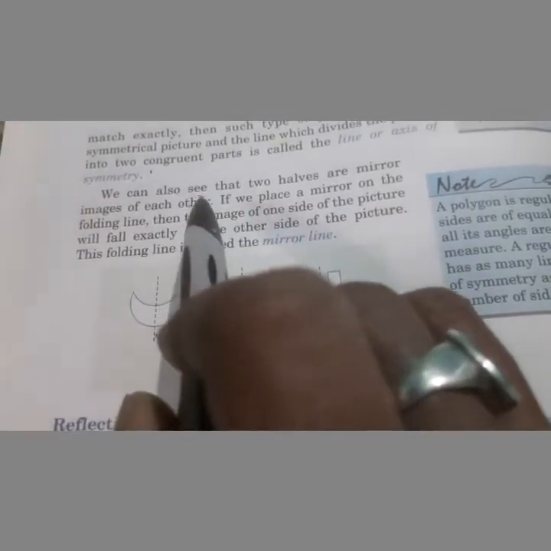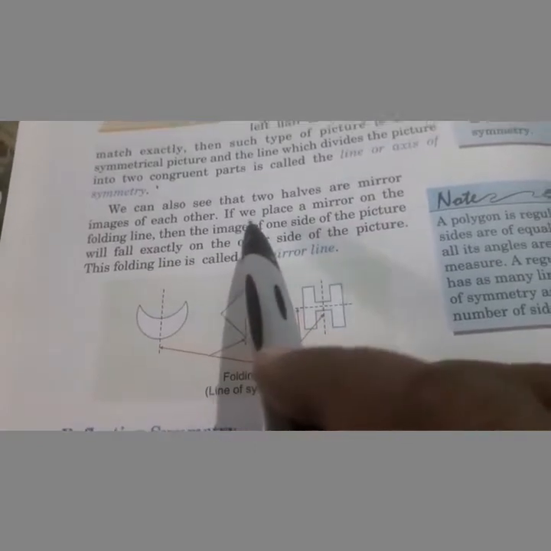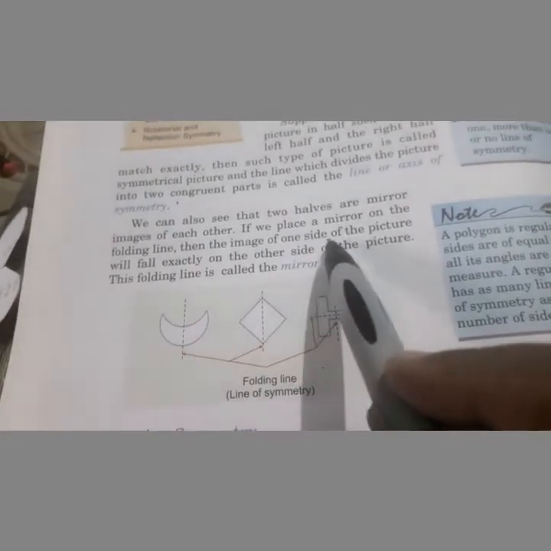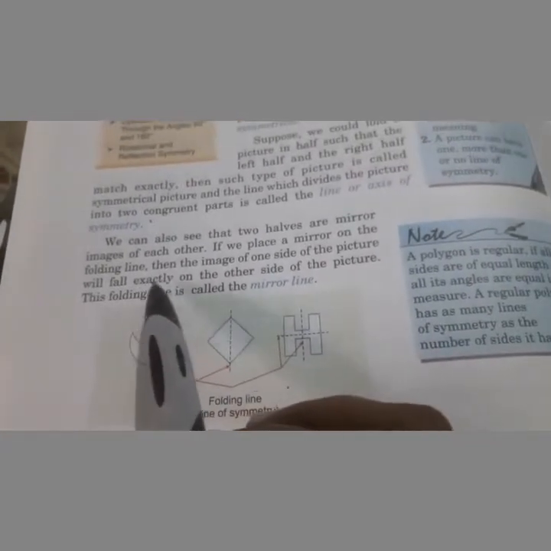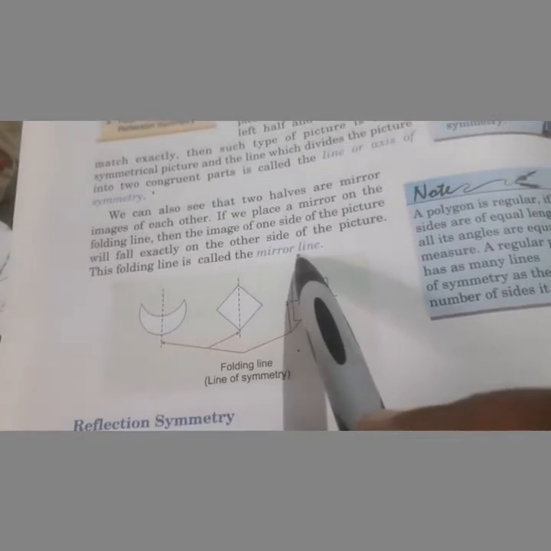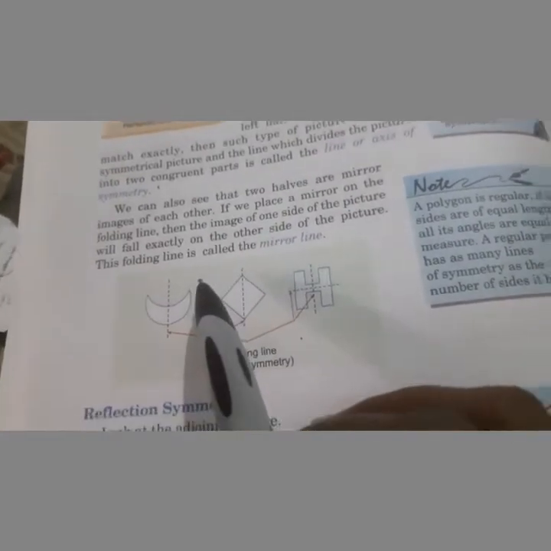We can also see that the two halves are mirror images of each other. If we place a mirror on the folding line, then the image of one side of the picture will fall exactly on the other side of the picture. This folding line is called the mirror line. We have an example. Look at this.